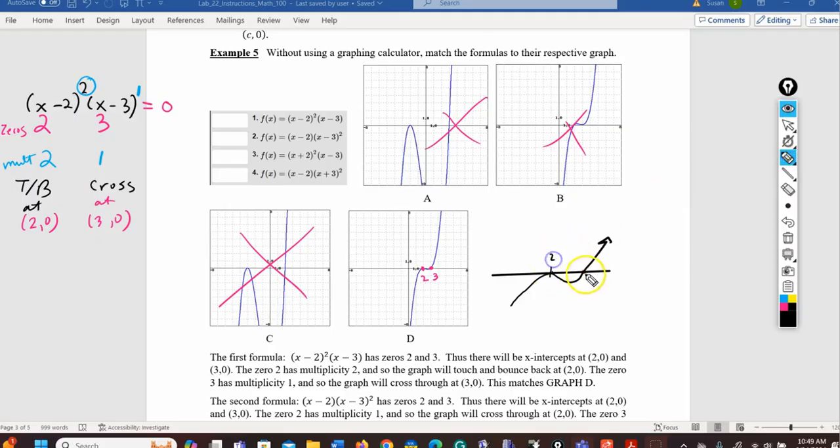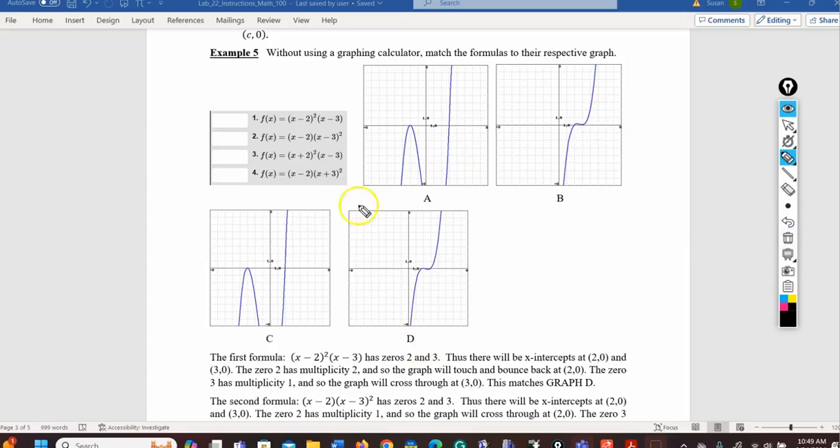So that's at 2, and that's at 3. So it is touching and bouncing back at 2, and it's crossing through at 3. So the answer to number 1 is D.